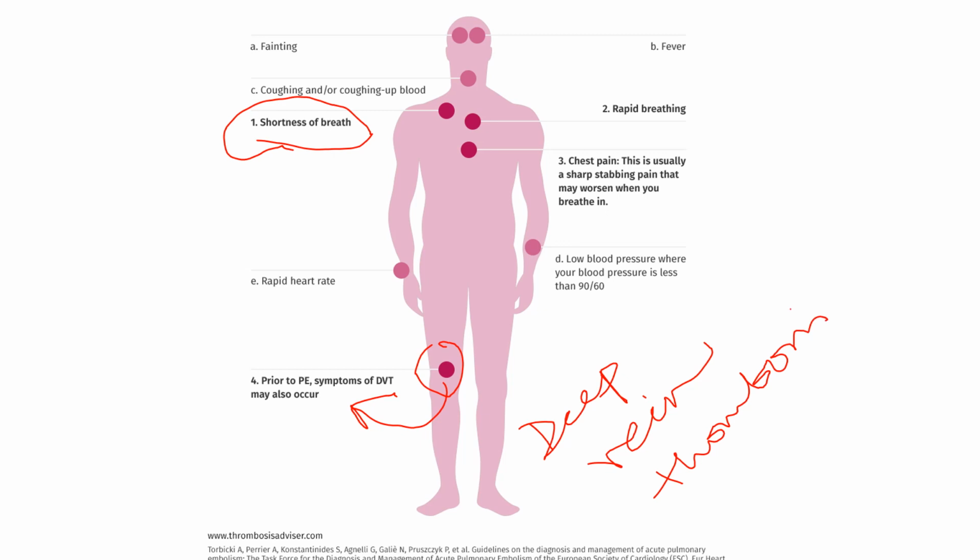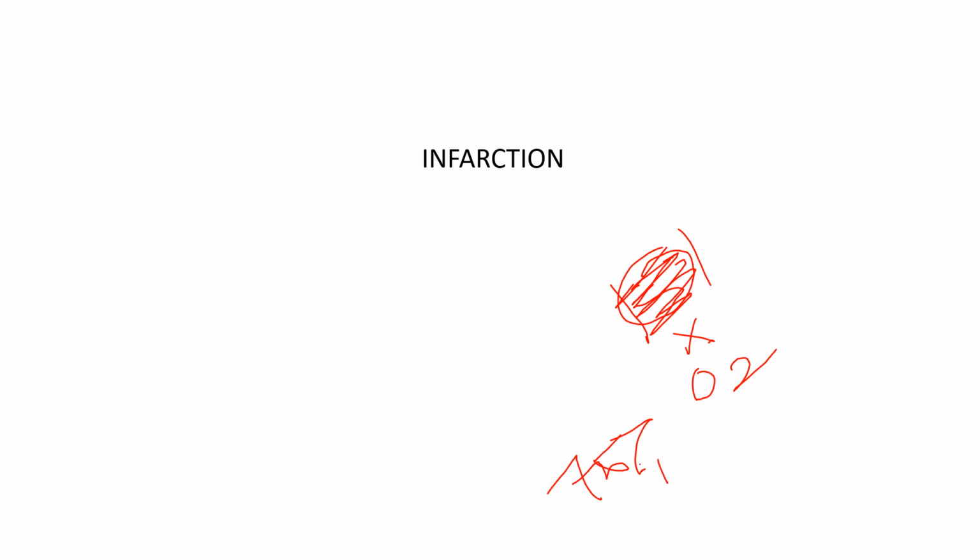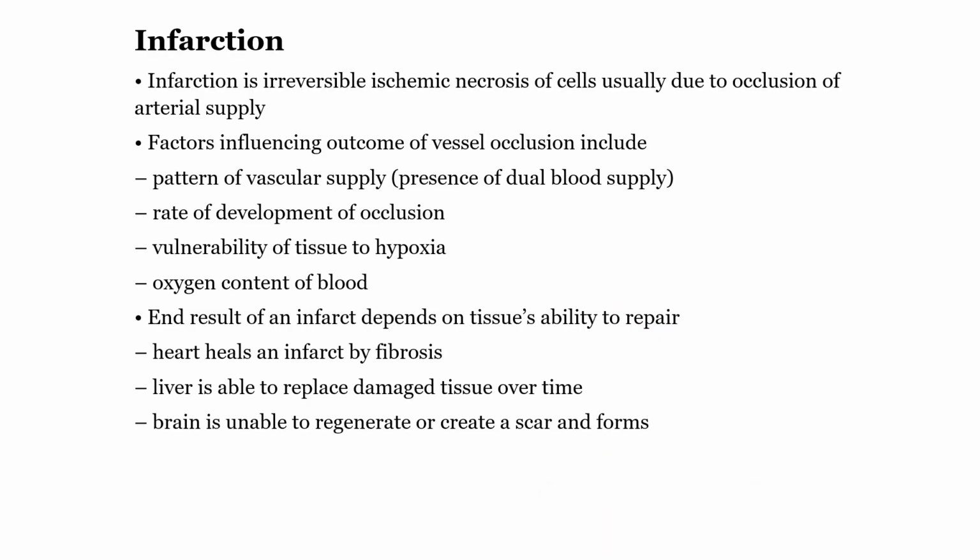Okay, now what's infarction? We said if you have a blood vessel occluded by a thrombus, and the thrombus blocks more than 75% of the blood supply to that organ, this will lead to infarction, so death of the tissue because of the decreased blood supply to that organ.